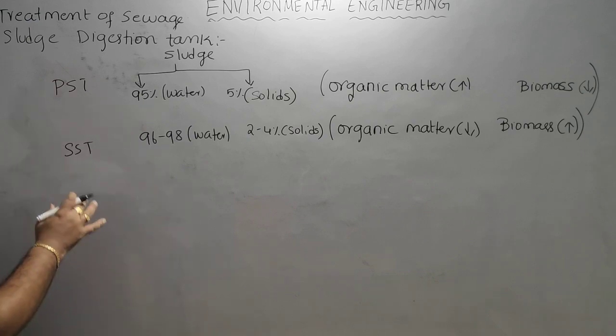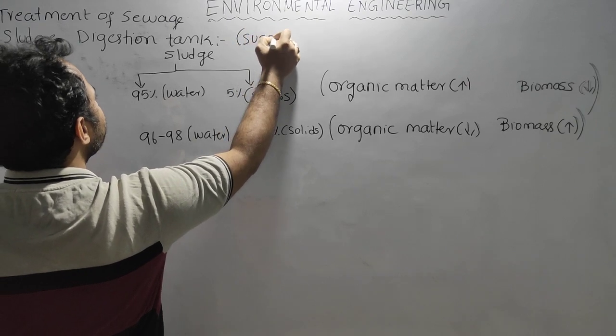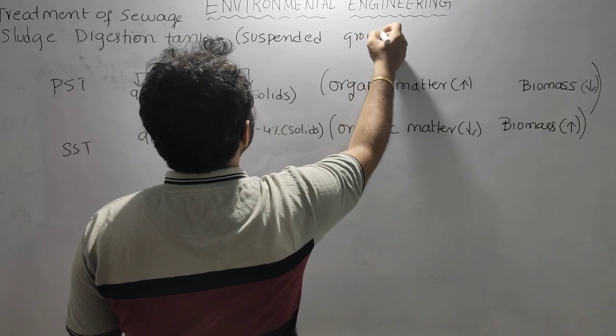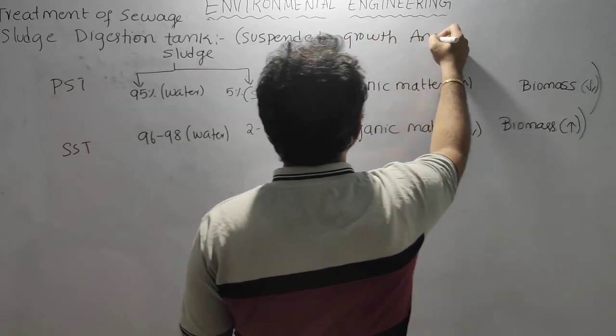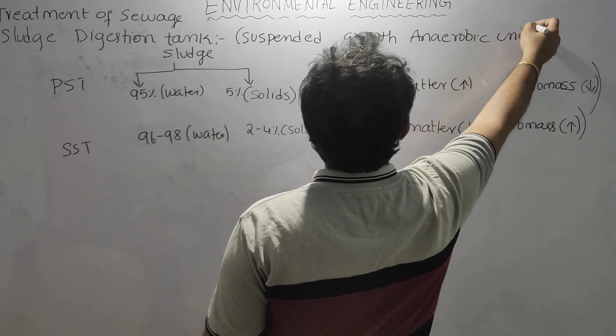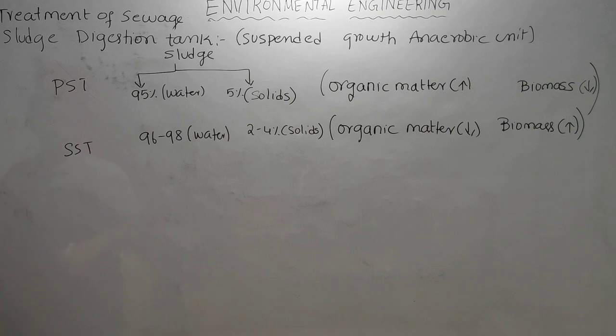So as we are doing this sludge digestion, it is a suspended growth anaerobic unit. The sludge digestion will take place in two stages. One is the acid formers.